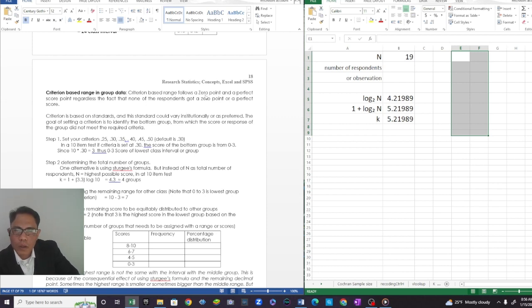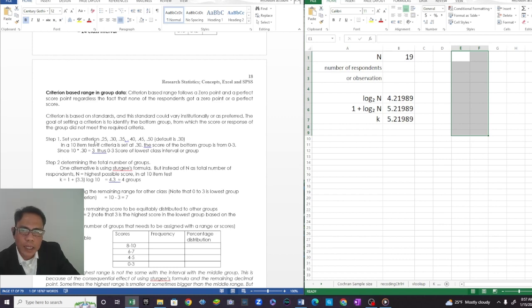Criterion based range follows a 0 point or a perfect score, regardless the fact that none of the respondents got a 0 or a perfect score. Criterion is based on standards, and the standards could vary institutionally or as preferred. The goal of setting criterion is to identify the bottom group from which the score or responses of the group did not meet the required criteria.